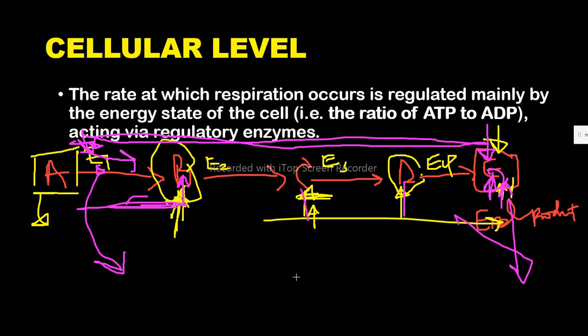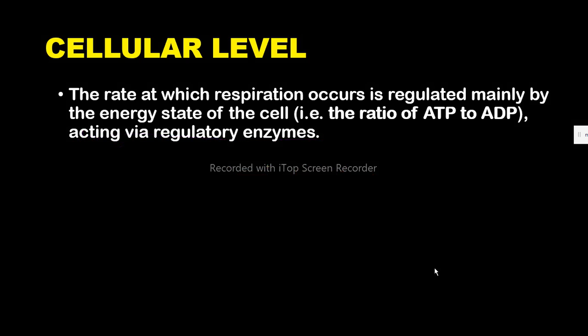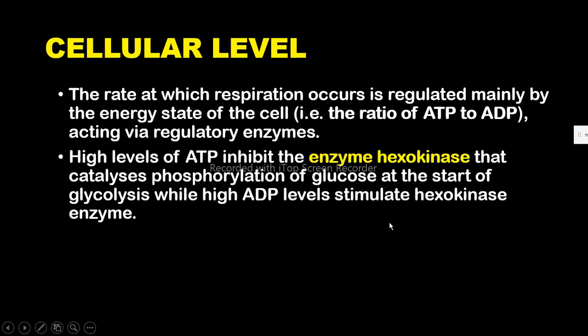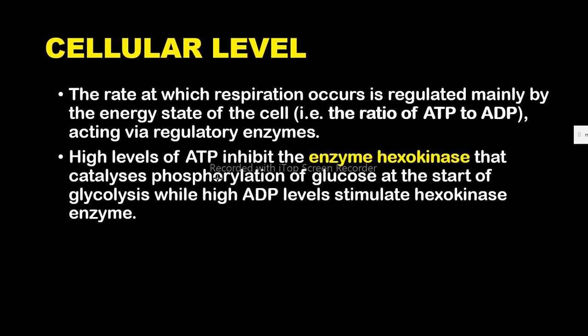So what does that mean? Let's see how the levels of ATP and ADP are bringing about the control of glucose. So right from that above principle, if you have high levels of ATP in a cell, then the ATP is going to inhibit this enzyme, hexokinase.